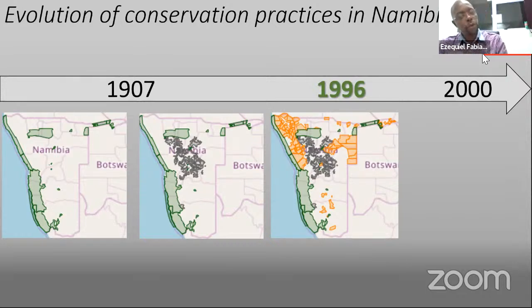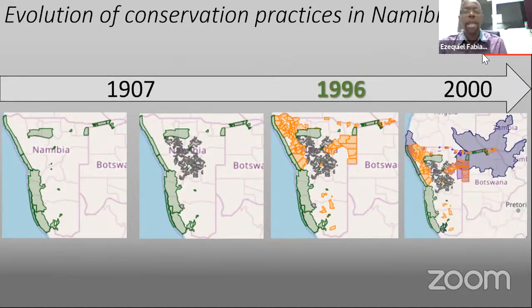Then we move to a new era after that, which is really focused mostly on the establishment of transfrontier conservation areas. As you can see on the graph on the right-hand side, on the east, we have the Okavango Transfrontier Park, which involves five countries: Angola, Zambia, Zimbabwe, Botswana, and Namibia.